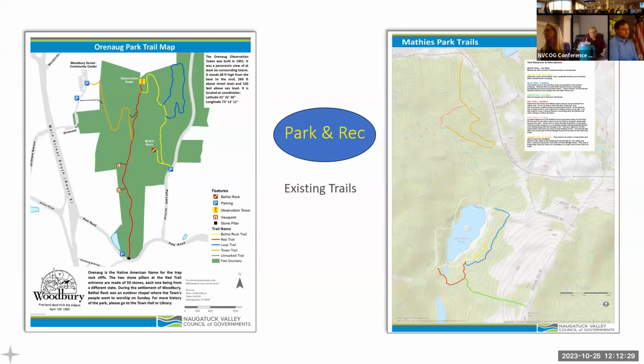It's posted at the trailhead, so it's the trail map for the town. On the right, that map we digitized from a paper topographic map. We made the trails digital so that they can then be put on any other map or on an online viewer.